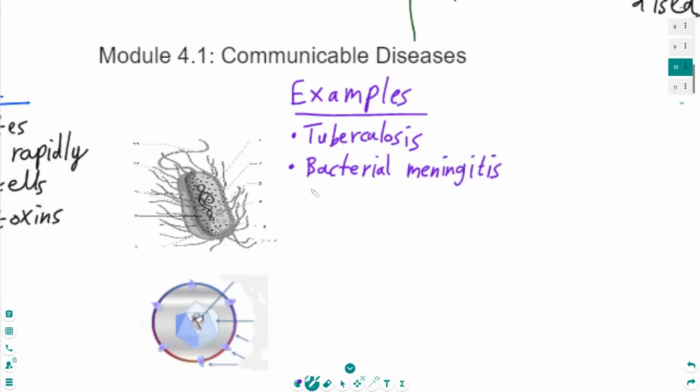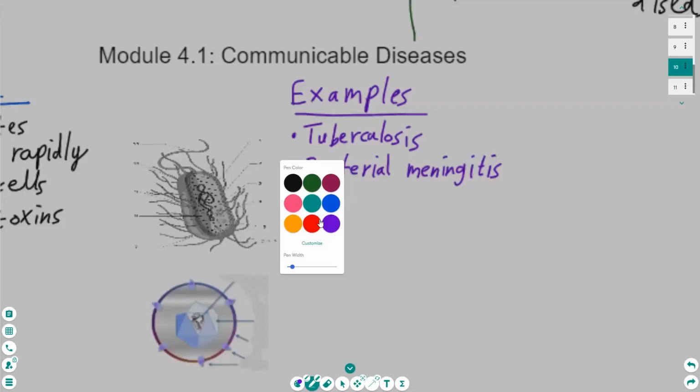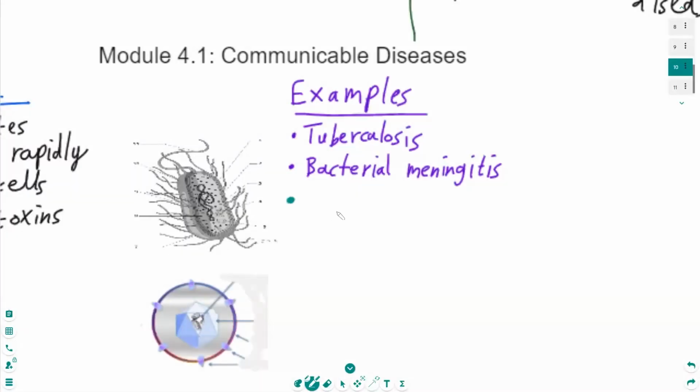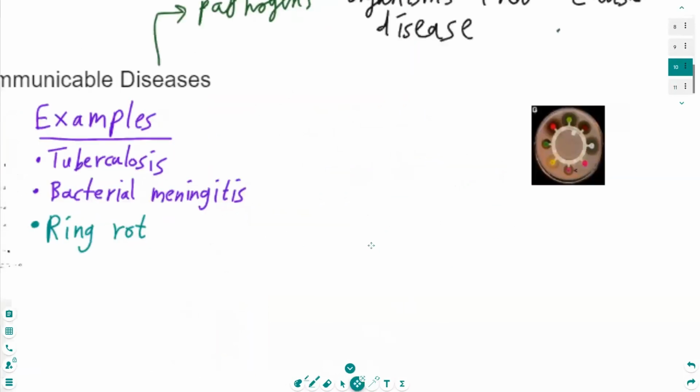And there's also, for plants, ring rot. I'm not going to write the name of the bacteria that causes each of these, because it's in your textbook, and I don't think I have enough space for all of this.